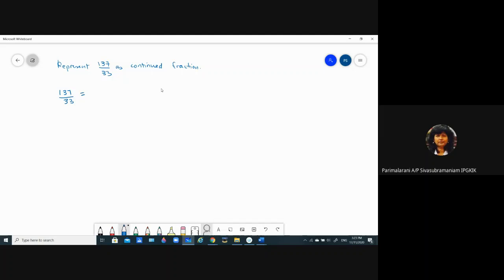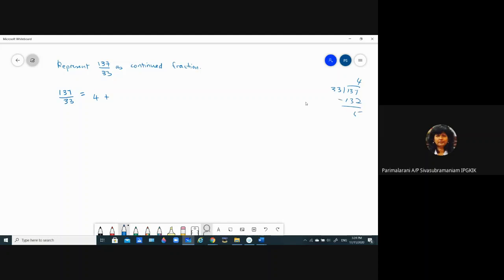What is the remainder? 137 divided by 33 is 4. 33 times 4 is 132.